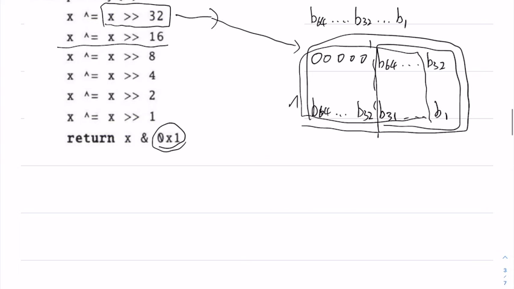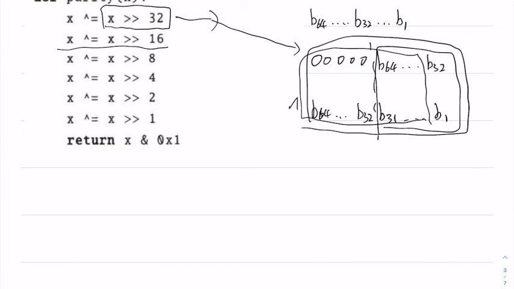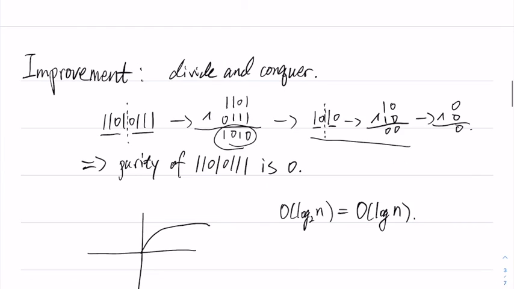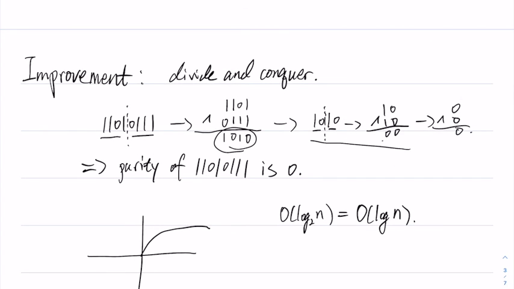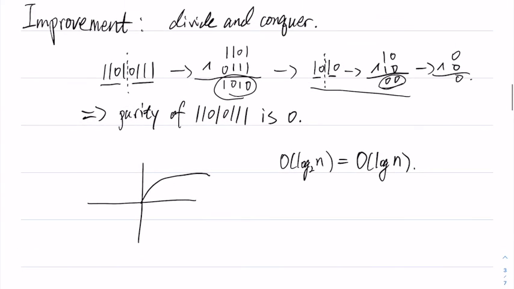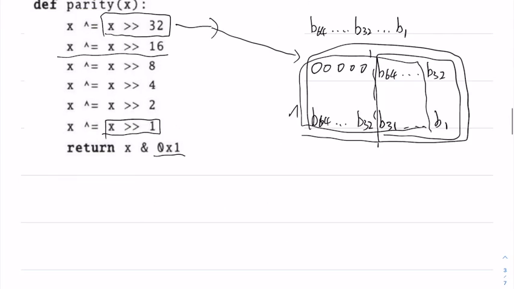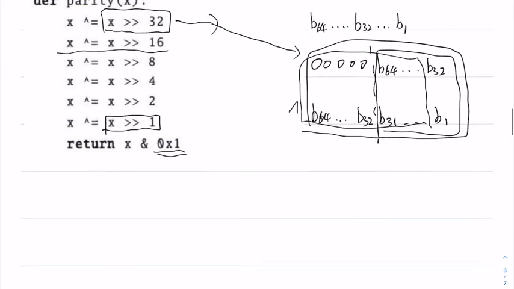And then at the end, x shifted by 1 is what this step is, and we're XORing it, which is the same as the step in the example. Then we extract the last digit to be the parity.